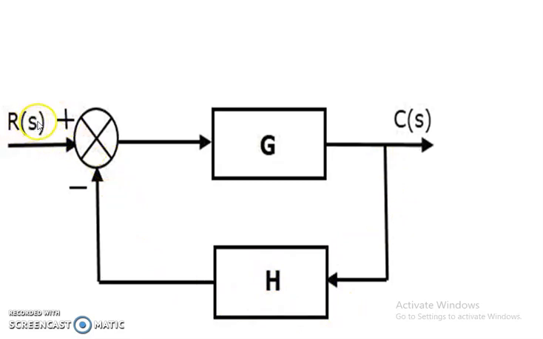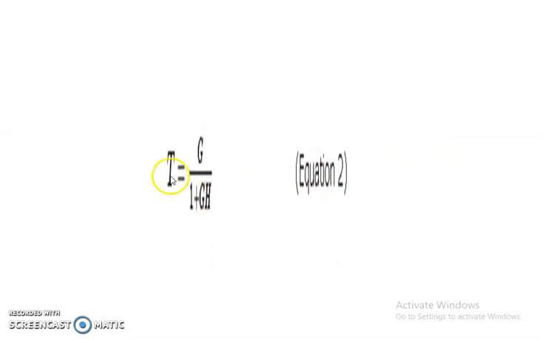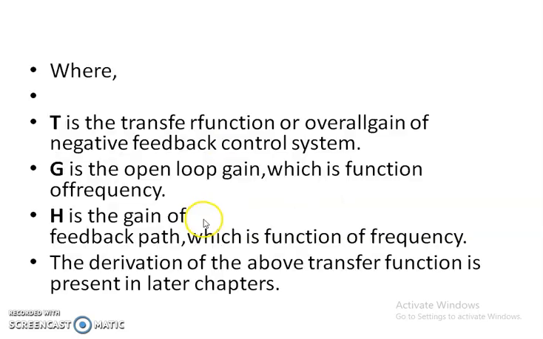Here the input R(s) is positive and the feedback signal will be negative, so R(s) and H(s)C(s) are combined at the summing point, and then when multiplied with the gain G, we get the output C(s). The transfer function is given by T = G/(1+GH), where T is the transfer function or overall gain of the negative feedback control system.